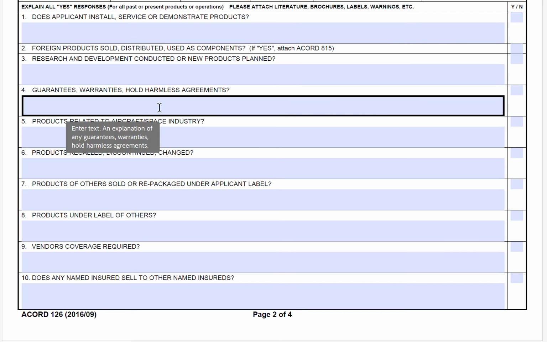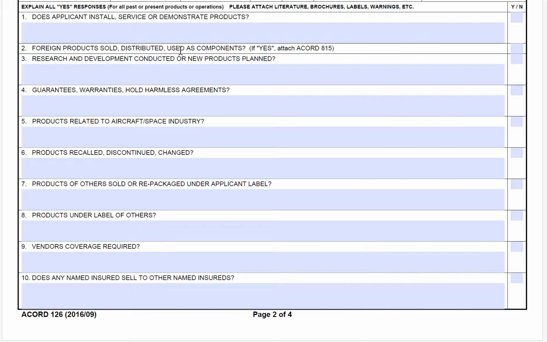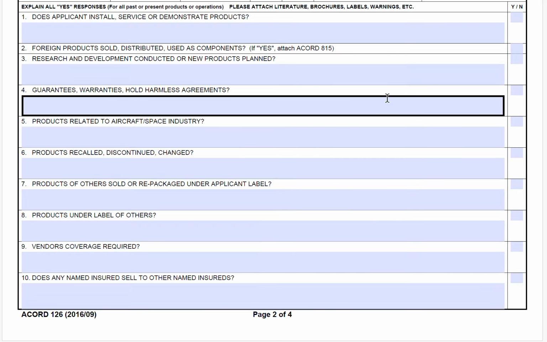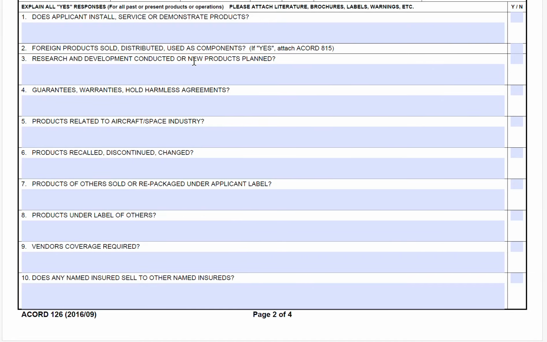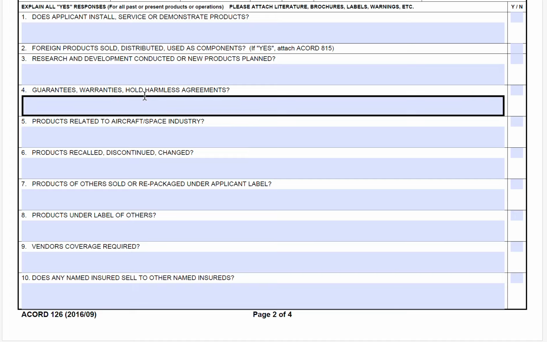Whether or not they demonstrate products, foreign products sold and distributed. This is going to be important to answer. If it's answered yes, you're going to want to fill out an Accord 815 and answer those questions. Usually I don't have any of this, but if you do, you want to make sure research development conducted on new products. Warranties, if they have any warranties, hold harmless agreements, you're going to want to attach that as well.